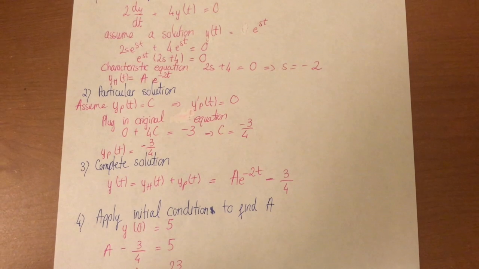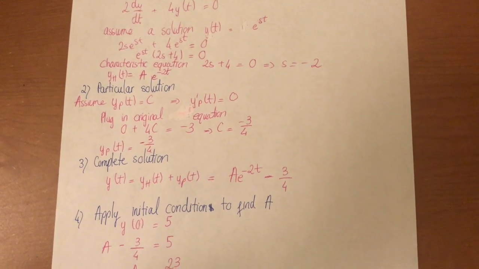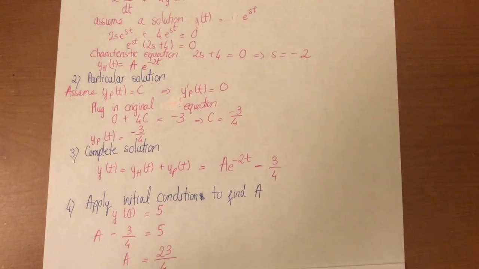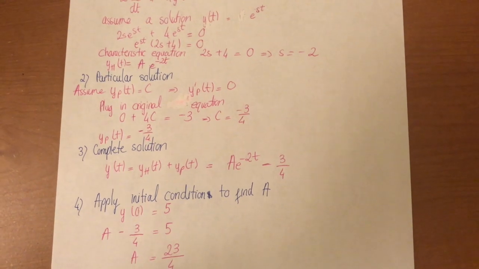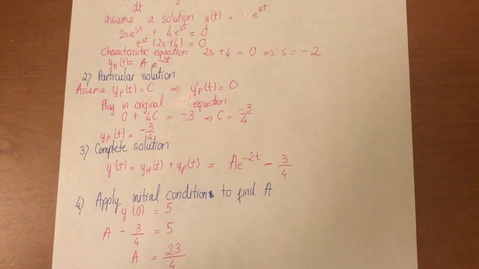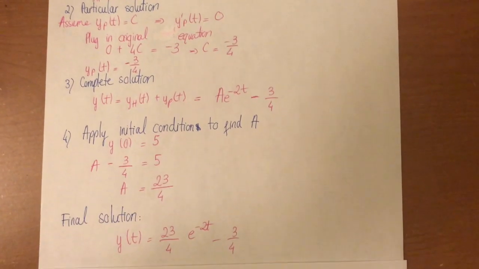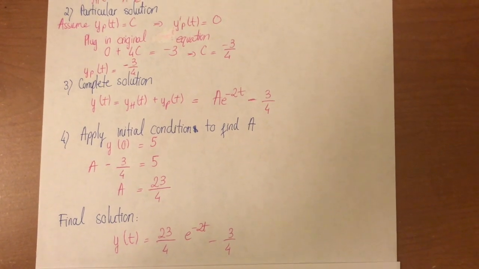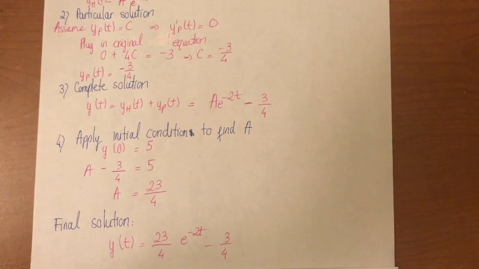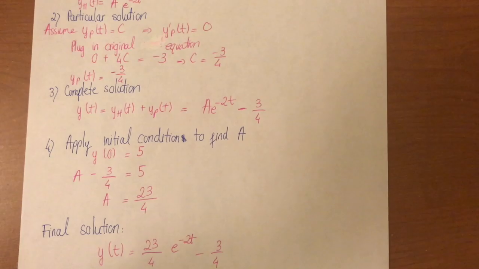Then we find A to be 23 over 4. Combining everything together, we find the final solution: y(t) equals 23 over 4 e to the minus 2t minus 3 over 4.